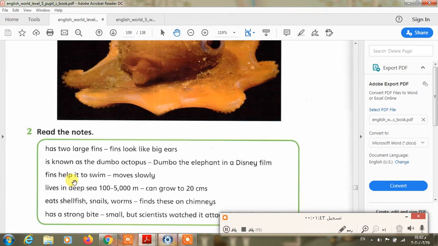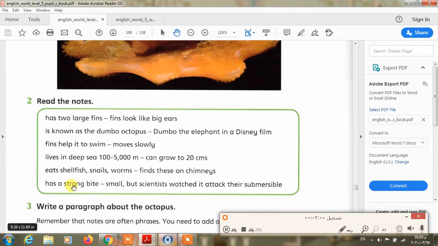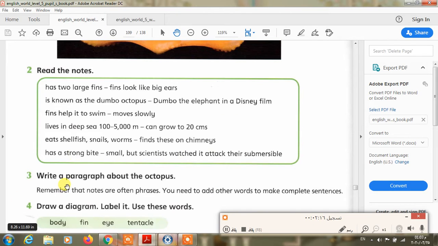Fins help it to swim, moves slowly, lives in deep sea, 100 to 5,000 meters, can grow to 20 centimeters, eats shellfish, snails, worms, finds these on chimneys, has a strong bite, small, but scientists watched it attack their submersible.